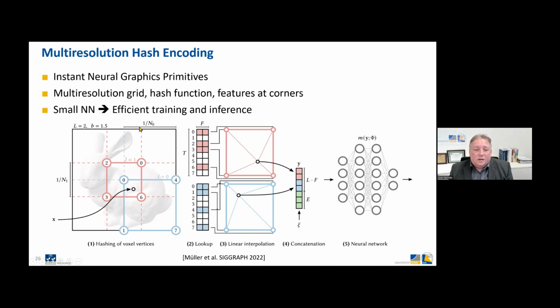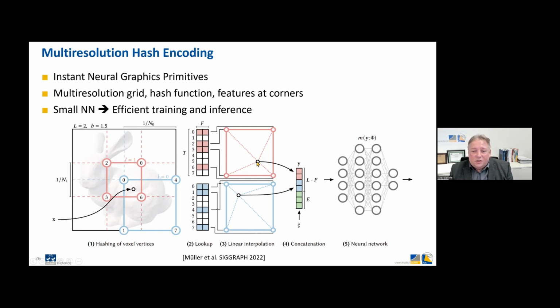In the volume that we query, we have multiple overlaid grids with different resolutions. The blue one is a coarse grid, and here we have a red finer grid. And then we have coordinates for these corners that we pass through a hash function in order to look up features that are stored at these corners.